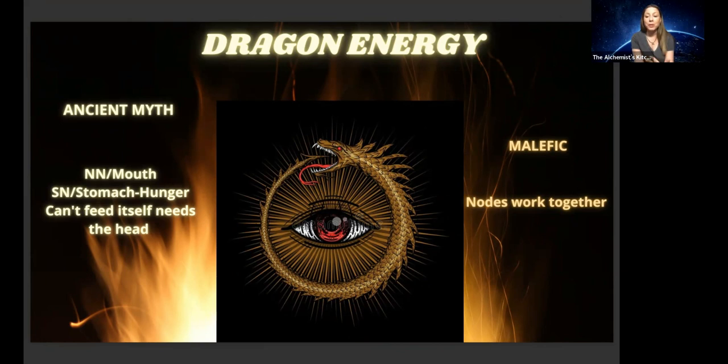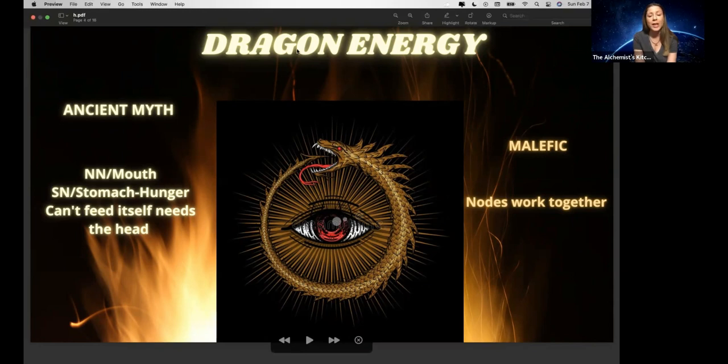So in the ancient myth, basically the gods, the sun and the moon were the gods, and they wanted to create an elixir for eternal youth, eternal life. And this elixir would teleport you back to any age that you wanted to, and you would live forever. But in order to do that, they had to summon up the dragon energy. Because once again, the dragon energy is mutation and transformation and regeneration.